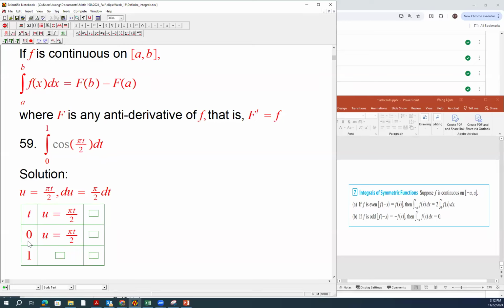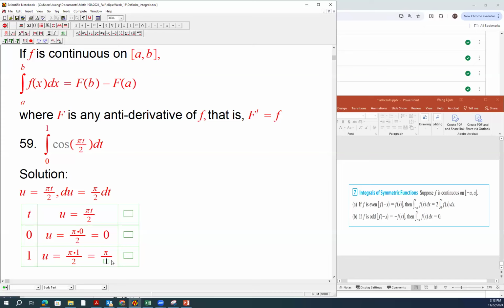When t equals 0, this t will be replaced by 0, and u will be 0. When t equals 1, u would equal pi t divided by 2, with t replaced by 1, so it's pi over 2. Okay, we don't need this last column anymore.